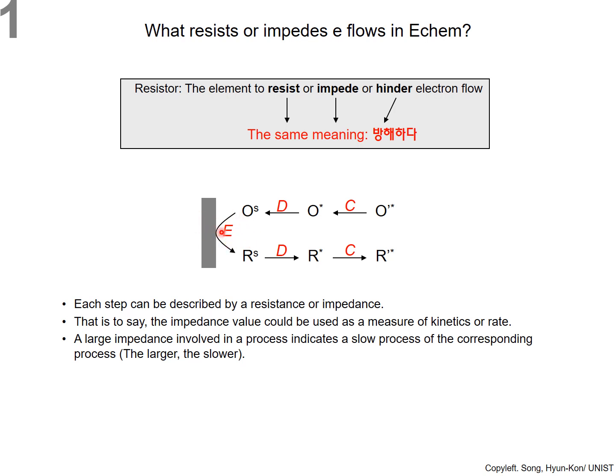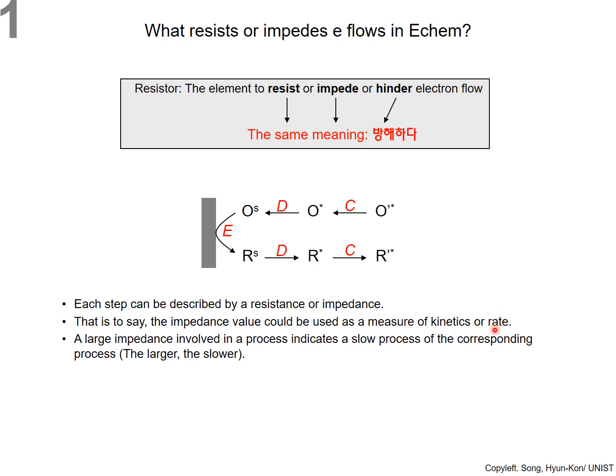Anyway, each step has its own kinetics. Kinetics means fast or slow or something like that. So each step can be described by a resistance or impedance. That is to say, the impedance value could be used as a measure of kinetics or rate.